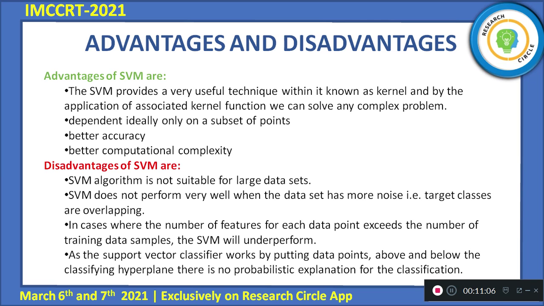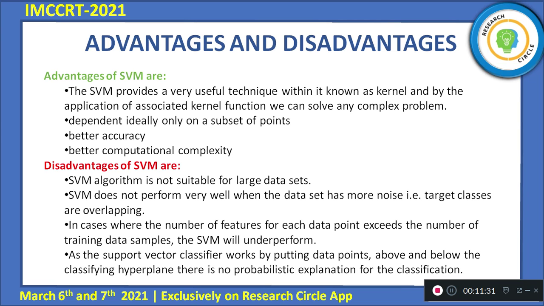The disadvantages of SVM are: the SVM algorithm is not suitable for large datasets. SVM does not perform very well when the dataset has more noise. Target classes overlap in cases where the number of features for each data point exceeds the number of training data samples.